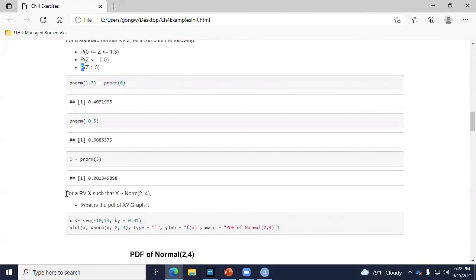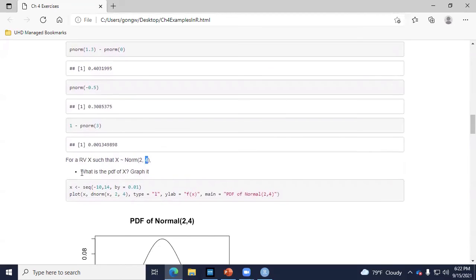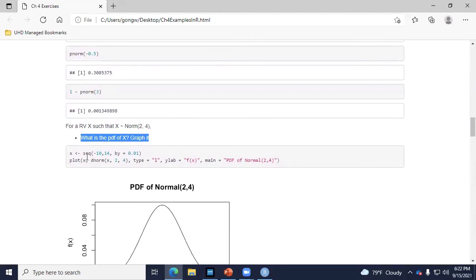So for a random variable X following a normal with mean 2 and standard deviation 4, how do you do a PDF for this random variable? The same logic: you get this vector for X and you plot the x versus the corresponding PDF value.